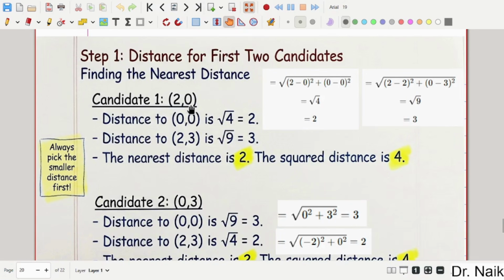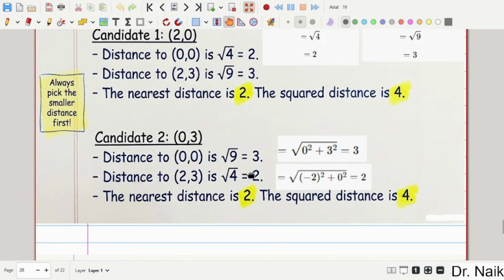Its distance from our first mu, (0, 0), is 2, and its distance from our second mu, (2, 3), is 3. The nearest distance is 2, and we square it because the probability formula needs the squared distance, therefore it is 4.